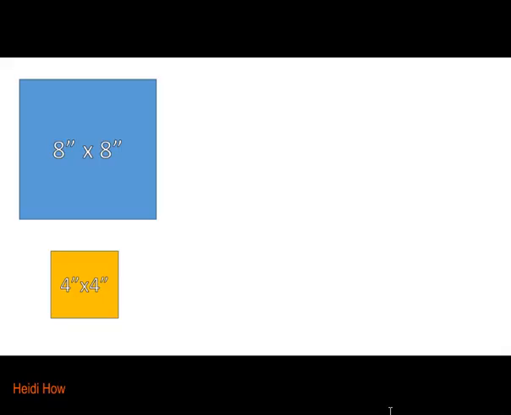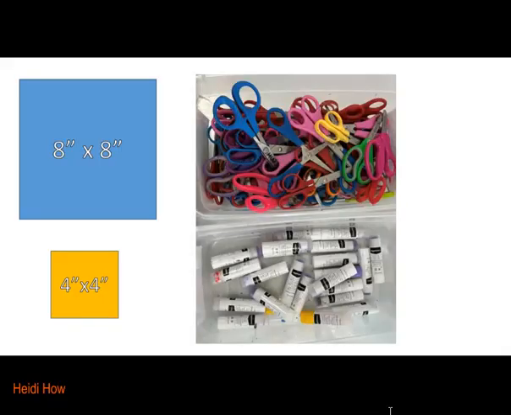You need 2 different colors of paper. I'll cut mine 4x4 and 8x8. Size doesn't matter so much as you want the bigger piece to be about twice as big as the smaller piece. You need the scissors and glue and a pencil. Now this project is deceptively tricky, and because it looks simple, they want to rush ahead. So it's important that you get them to follow you step by step.